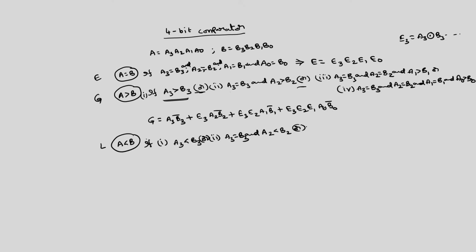Or third condition is A3 equal to B3 and A2 equal to B2 and A1 is less than B1. Or the fourth condition is A3 equal to B3, A2 equal to B2, A1 equal to B1 and A0 is less than B0.